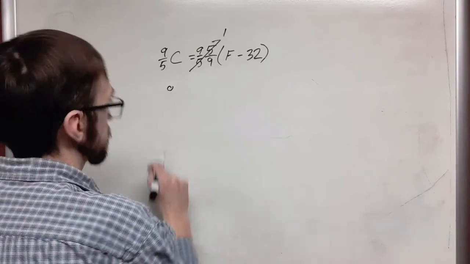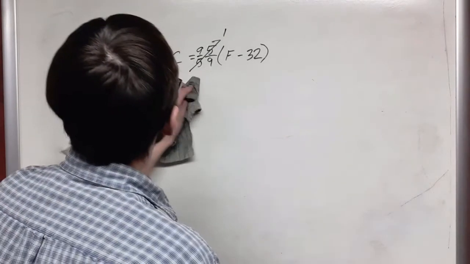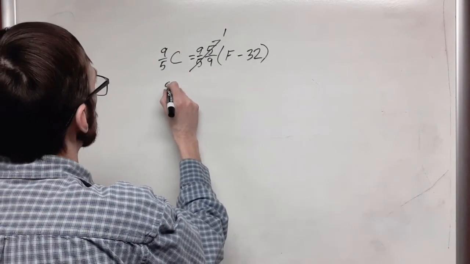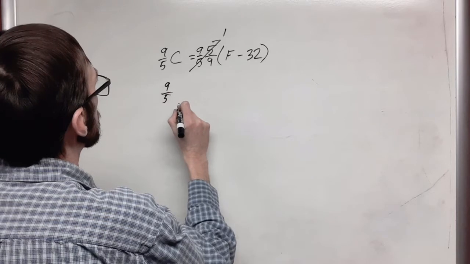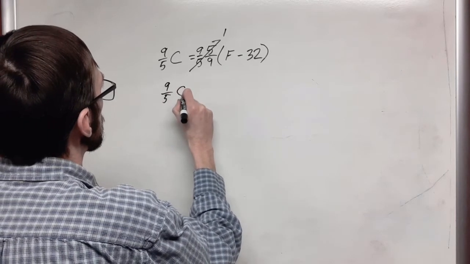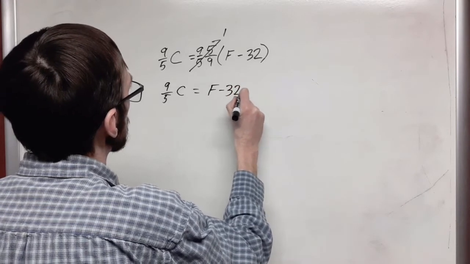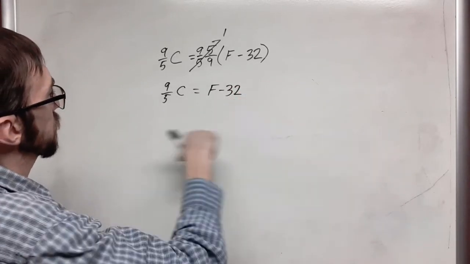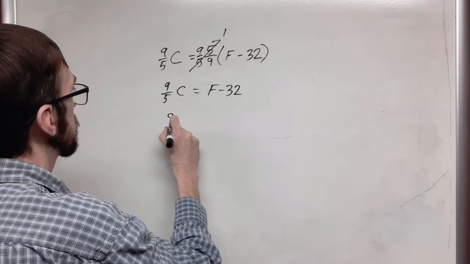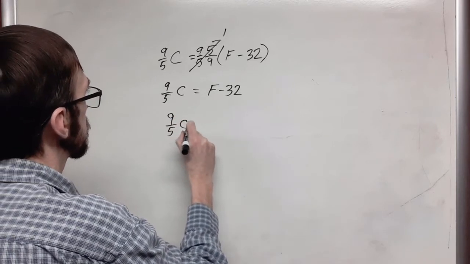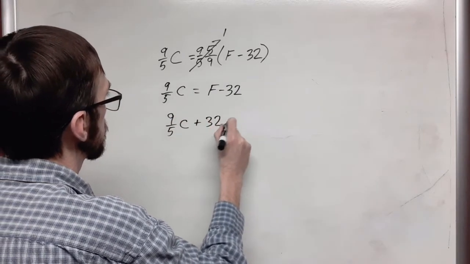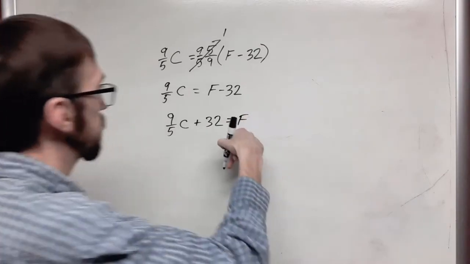So I'm going to add 32 to both sides. And that leaves F by itself.